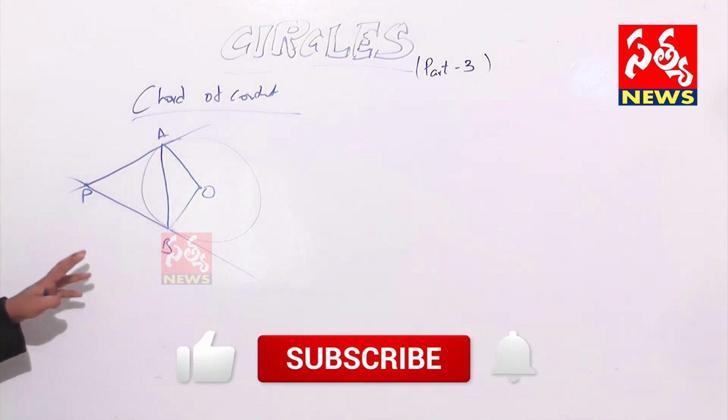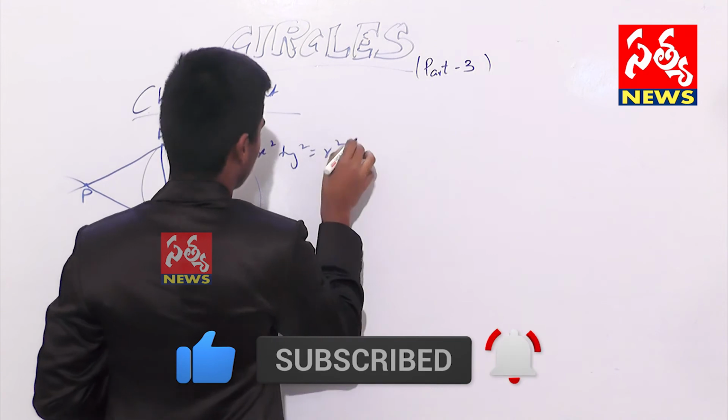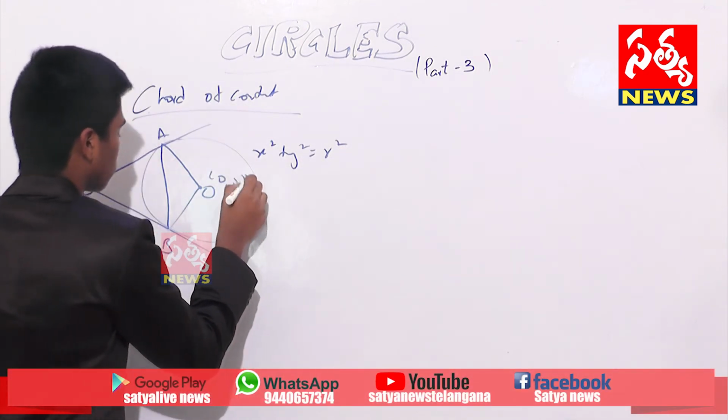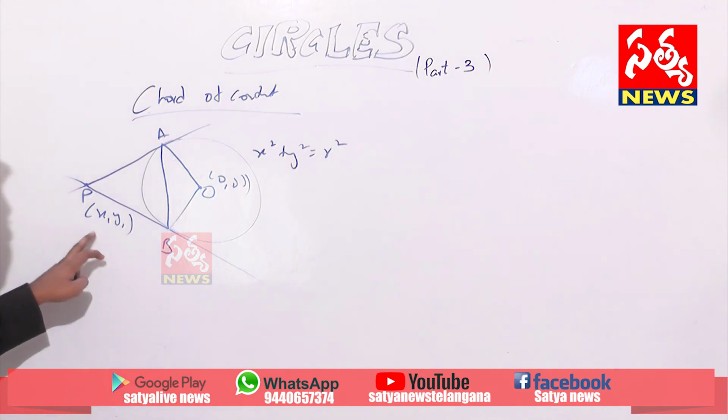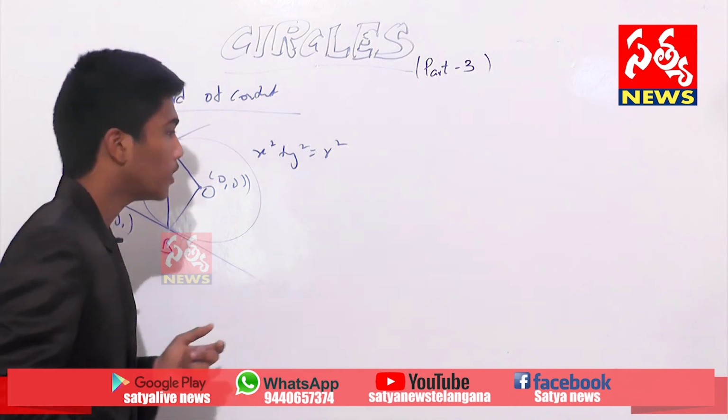AB is the chord of contact for the circle x square plus y square is equal to r square. The coordinates of point P are x1 and y1.